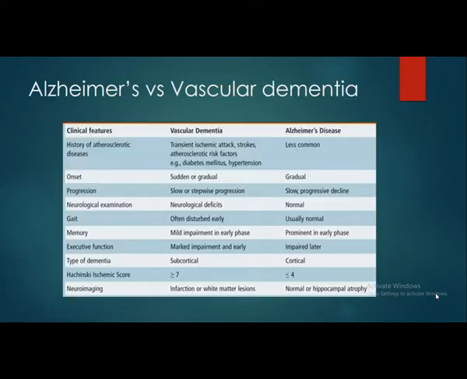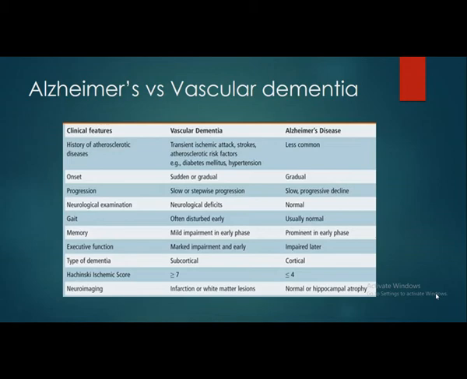And then there are differentiating features between Alzheimer's and vascular dementia. Vascular dementia is very common in our part of the world, although that is way beyond the scope of fourth year. But if somebody is interested, we'll take a minute to discuss it. In vascular dementia, there is a history of atherosclerotic disease. That's a must, and it's less common in Alzheimer's disease.